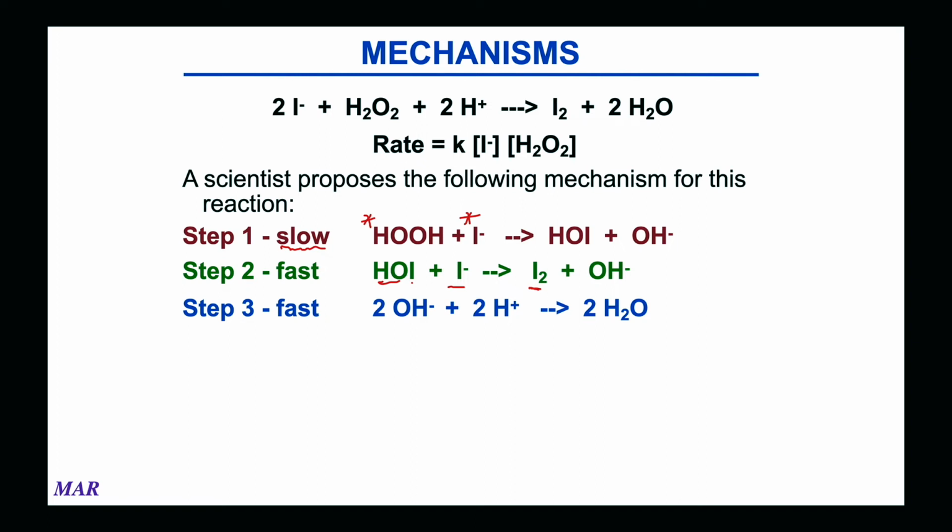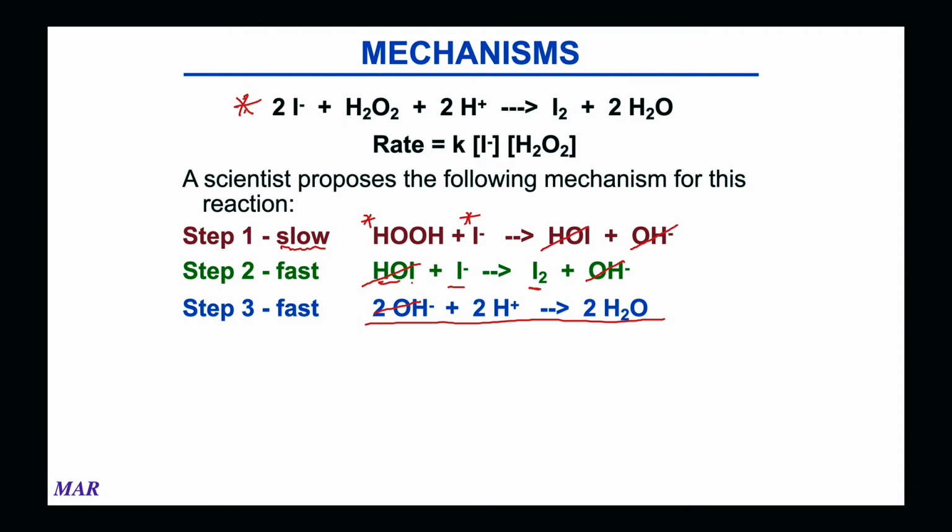Well, if this is a good mechanism, then all of the steps together should give you the overall reaction, this one up here. So let's do this real fast, all right? Hydroxide and hydroxide on the product side cancel the 2 hydroxides on the reactant side. HOI cancels this HOI.